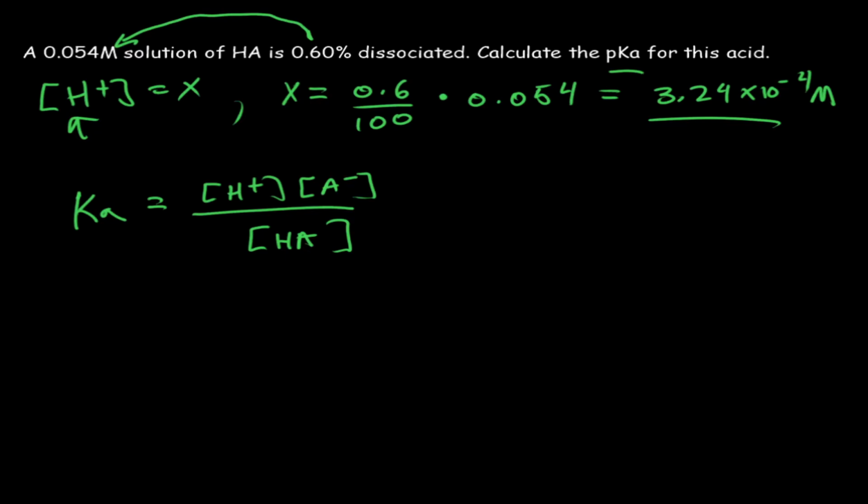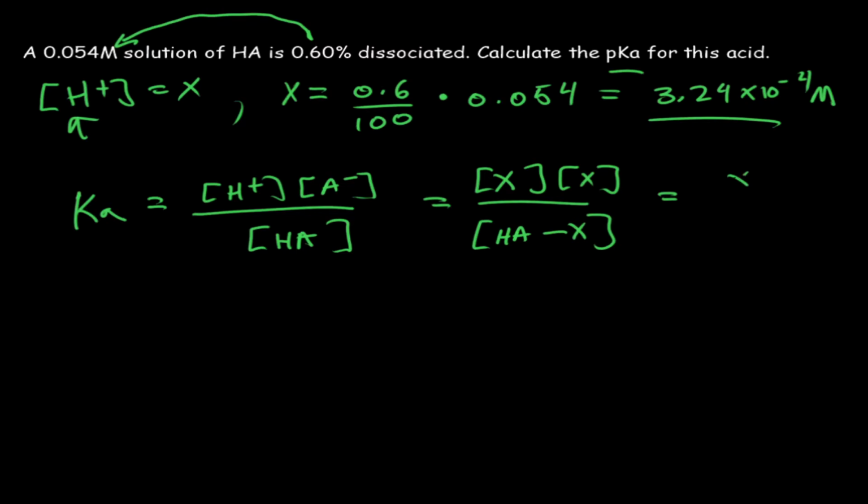So our Ka is equal to our H plus multiplied by our A minus all over HA. And we calculated that H plus was X. And we know that A minus will also be X, since a weak acid dissociates into equal parts H plus and A minus. And our denominator will be our HA minus X after dissociation has occurred.